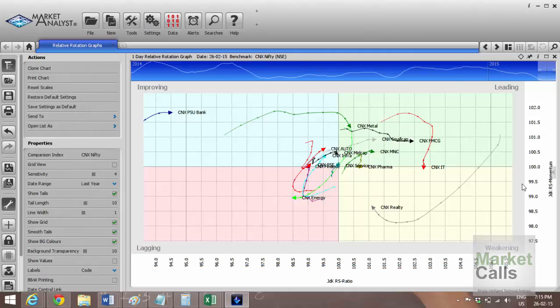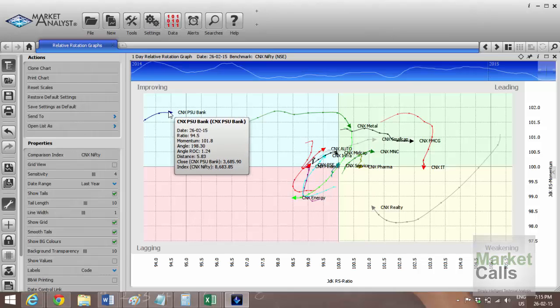CNX Realty is in bad mode. However, CNX Infra is getting into positive mode. Auto is in positive mode. CNX Energy, you can see, and PSU Bank is having good momentum.